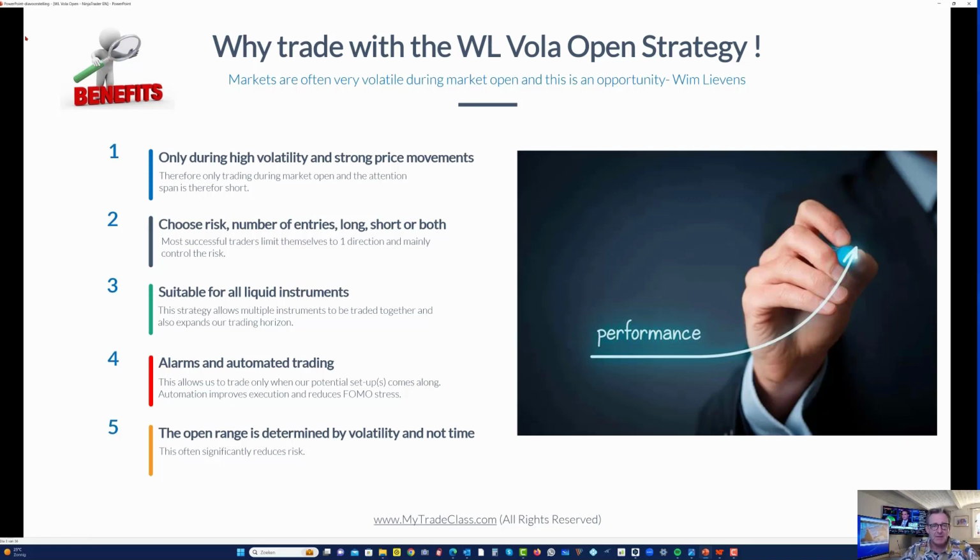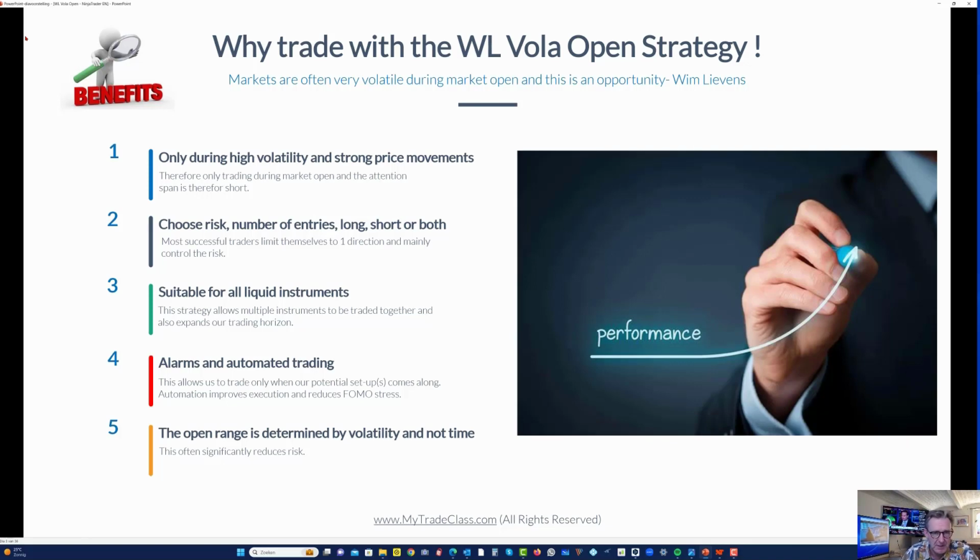Yeah, it's suitable for all instruments, but of course we're going to trade instruments which move at the open. In Europe, many people will trade this in the afternoon on tech stocks, on CFDs, Tesla, Amazon, Apple, and so on. So that's one side of it.